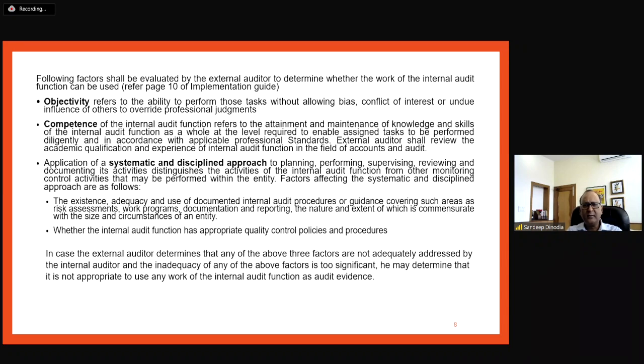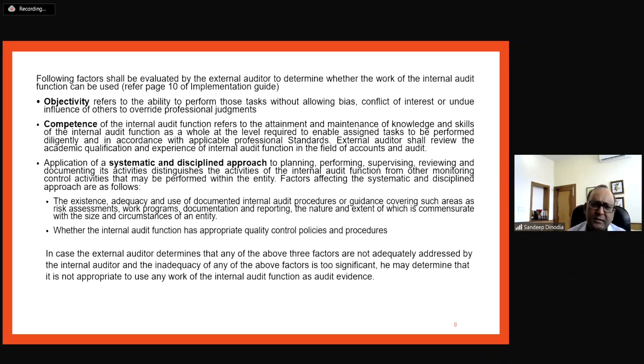This is an overlapping procedure that we both, external and internal auditors, follow. And whether the internal audit function has proper quality control procedures, SQC 1, and policies that we follow as an external auditor, we need to see whether the internal auditor has also followed the SQC 1 guidance.